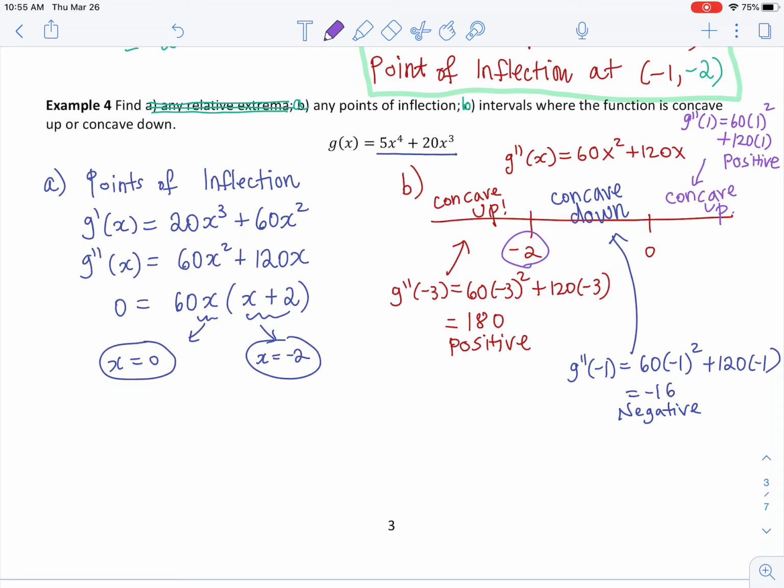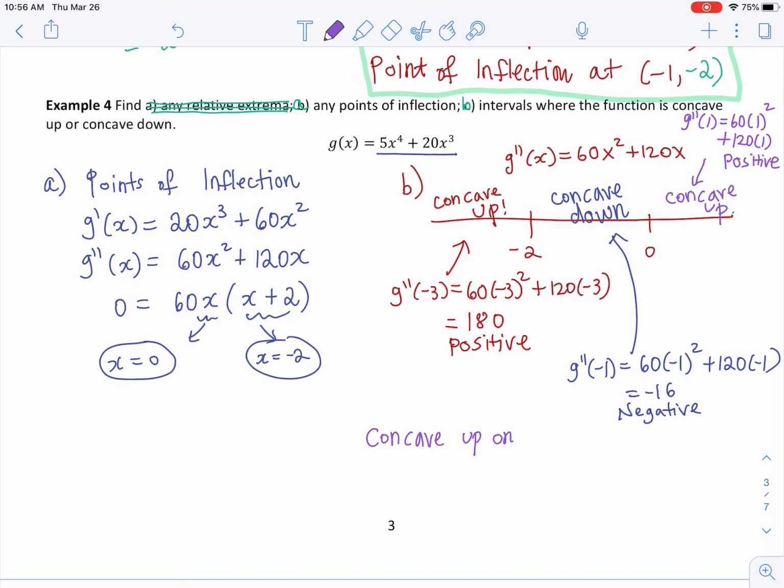I checked all those, and I'm noticing that at -2, the concavity to the left and right is different. At 0, to the left and right, that's different too. So these two are both points of inflection. You have to check that, because maybe the concavity doesn't change, and then you don't get to call them points of inflection.